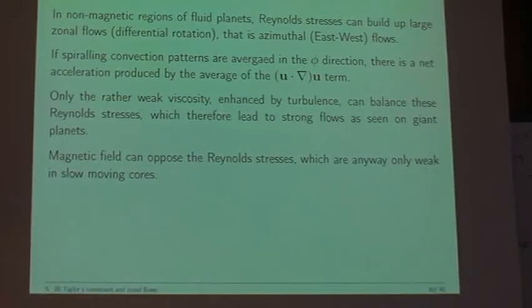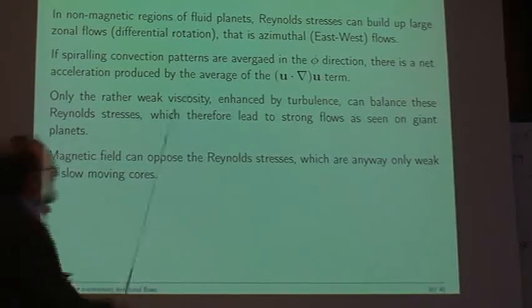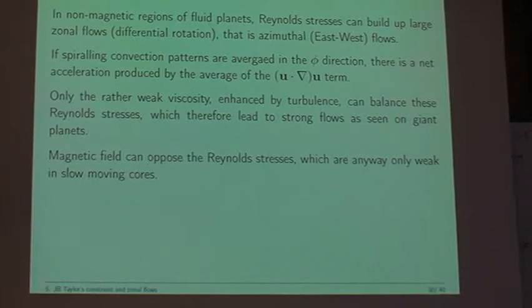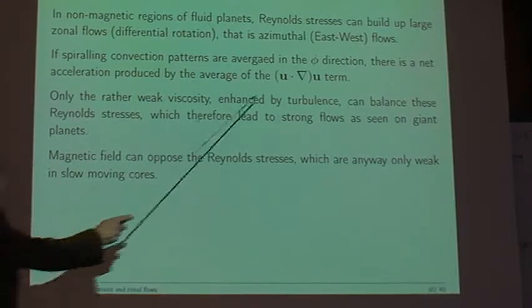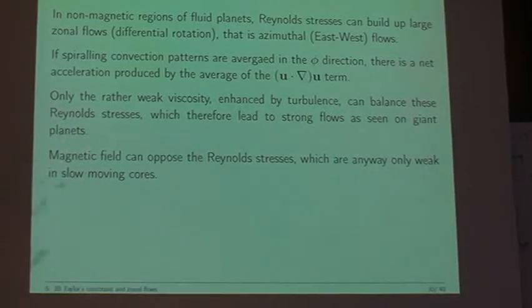And the reason it gets so big is it's only balanced by a rather weak viscosity, so that even if u dot grad u doesn't have a huge average, it nevertheless turns out that you end up with a big u phi because it's got such a small friction to counterbalance it.